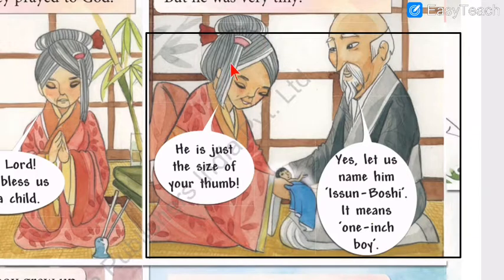So now the woman and this man, the husband and wife, were discussing amongst themselves. The woman said that this is the size of your thumb. So students, just imagine the baby boy, the tiny boy, was almost the size of the man's thumb.